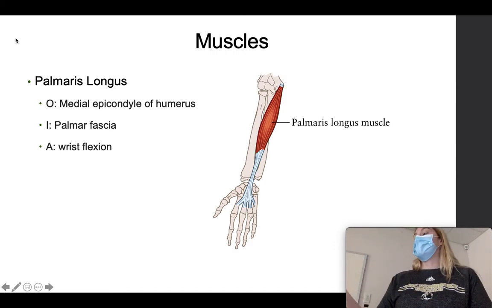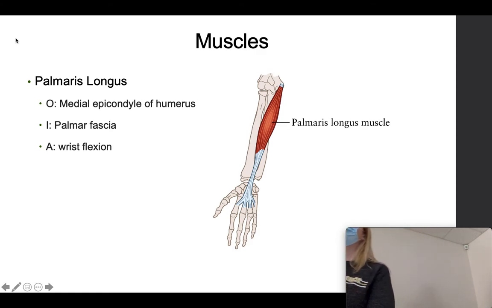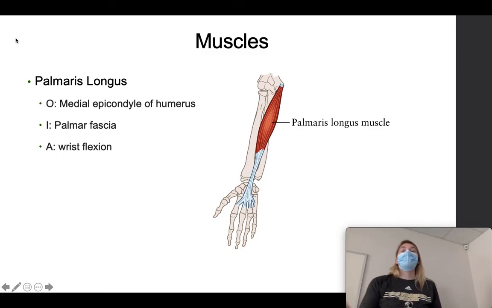So what I want you guys all to do is do thumb opposition, which you should know from last time is this. Now you're going to flex your wrist up. See how I have that little cord poking out? Anybody not have that? So you should see this cord going straight down. Probably can't because you're watching. So that is your palmaris longus.